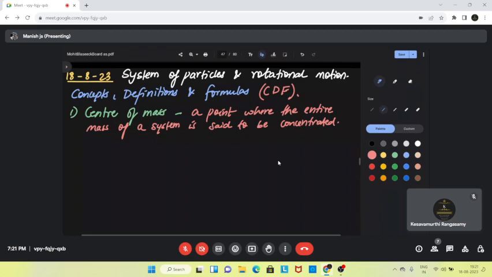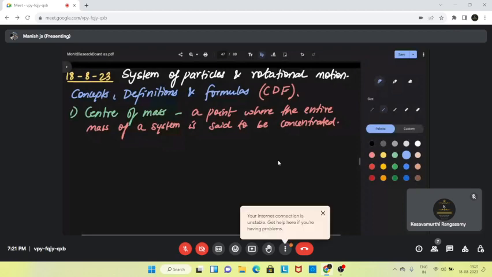Now we will find out the center of mass of certain particles. First question: when I take many particles, using a simple relation, I'll give you a basic one.